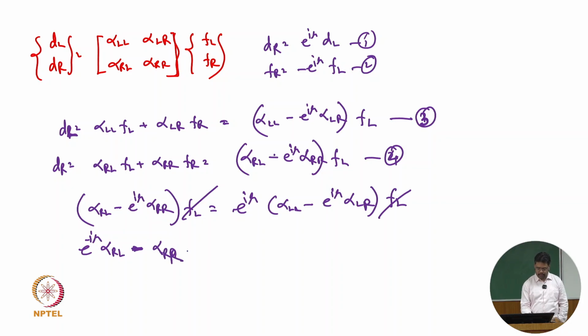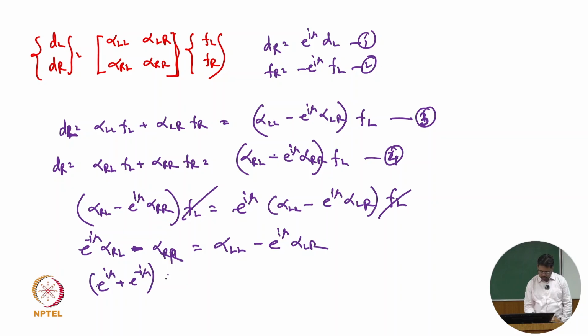So alpha RR should be equal to alpha LL minus e to the power of minus I mu times LR. Okay, so what can we write? We can write that e to the power of I mu plus e to the power of minus I mu times alpha RL equal to alpha LL plus alpha RR.